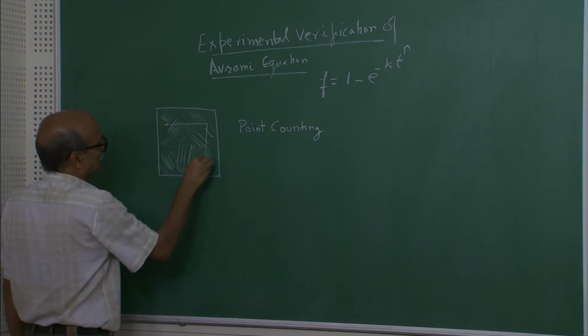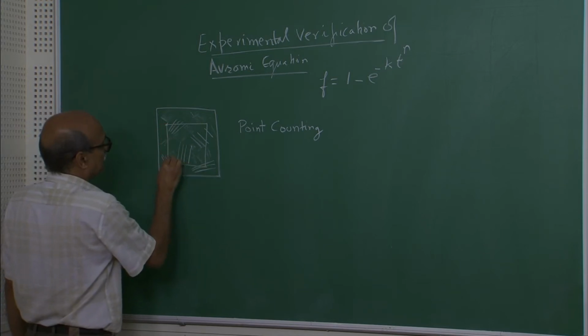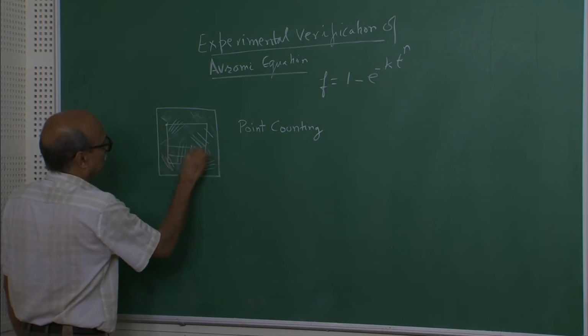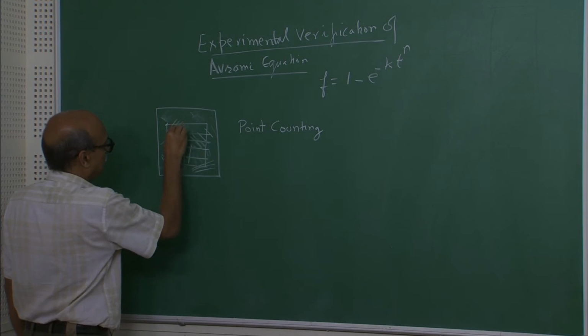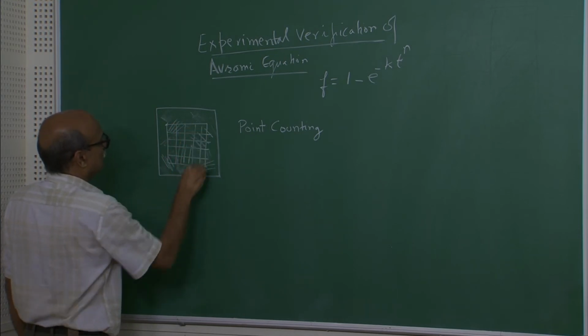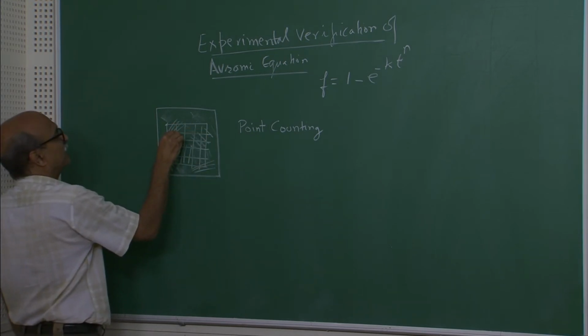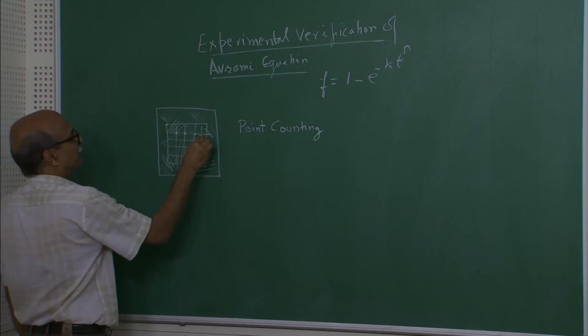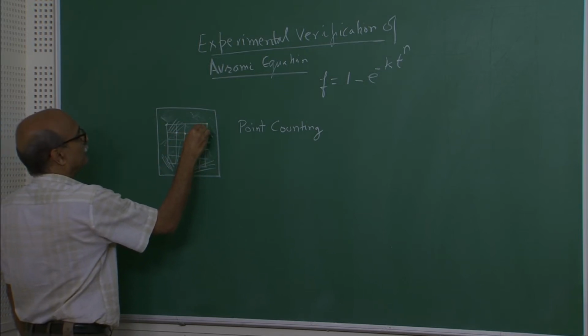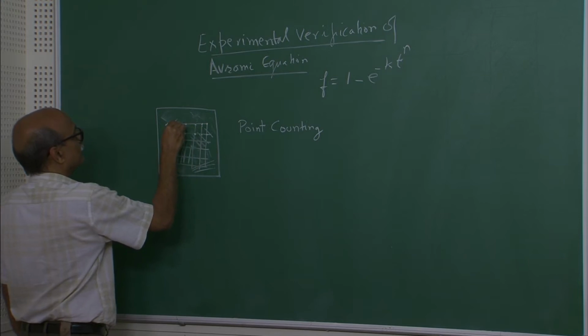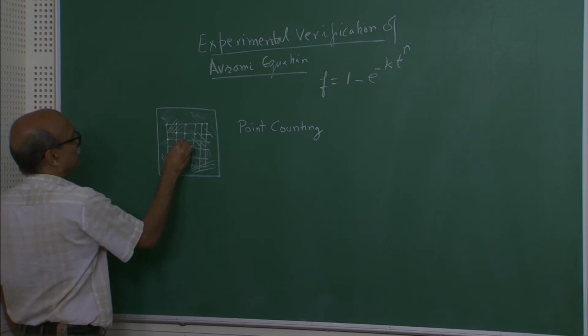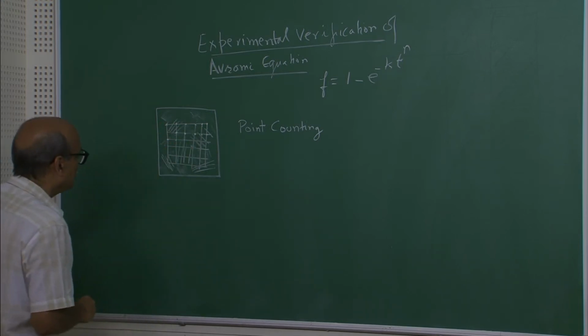A grid is something like this, where you can see horizontal lines and vertical lines. These are the intersection points, wherever the lines are intersecting.